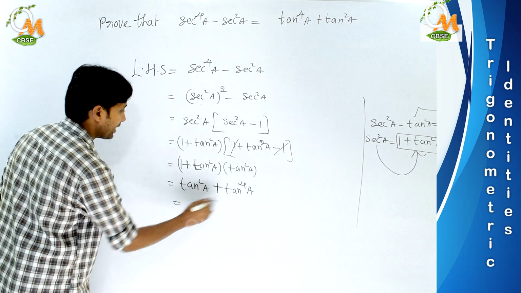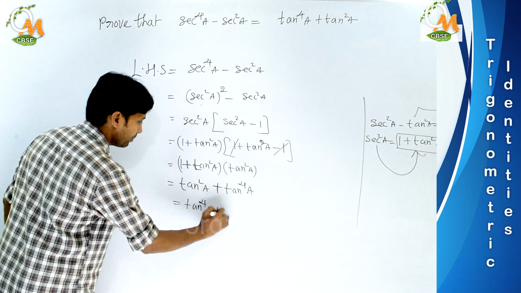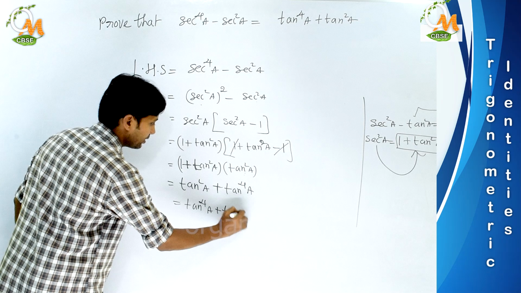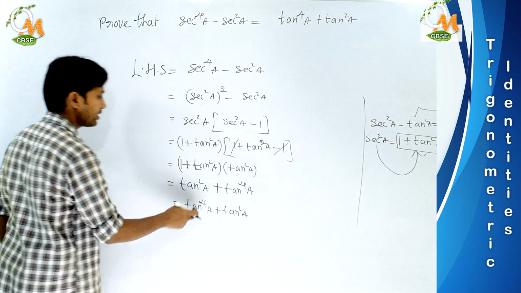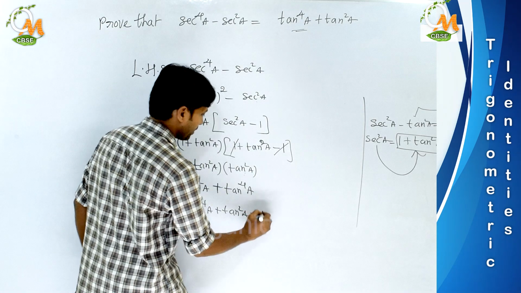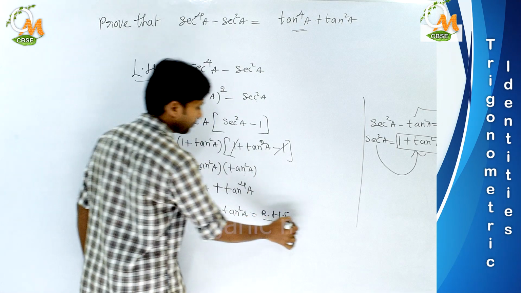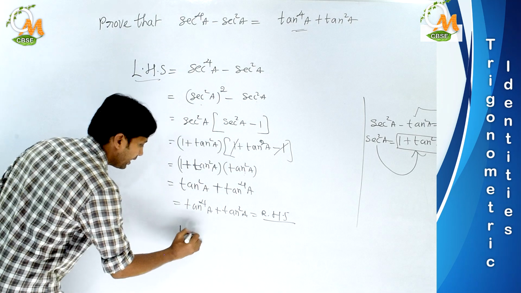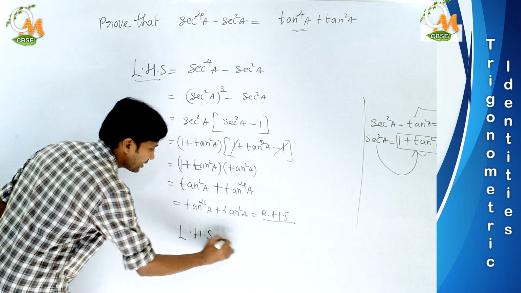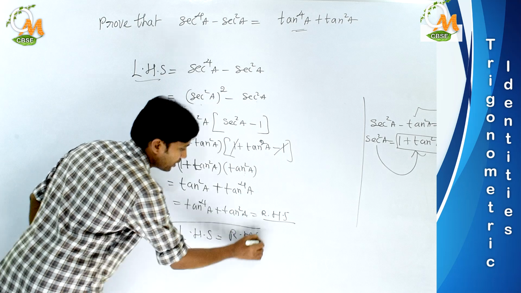So we can write this as tan power 4a plus tan square a. Means I wrote this term first. Anyways, did we obtain our RHS part or not? So therefore we obtained the RHS. We took the LHS and obtained the RHS. Therefore LHS and RHS are equal. Hence it is proved. Understand?